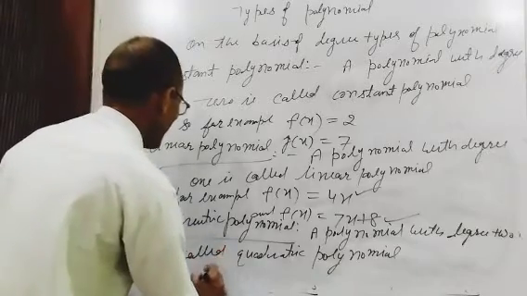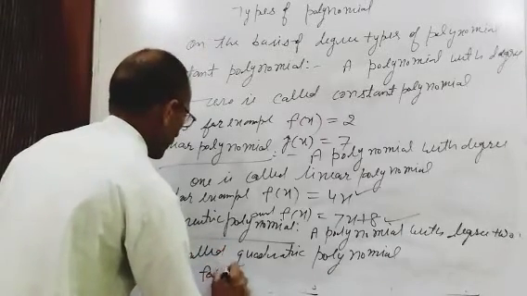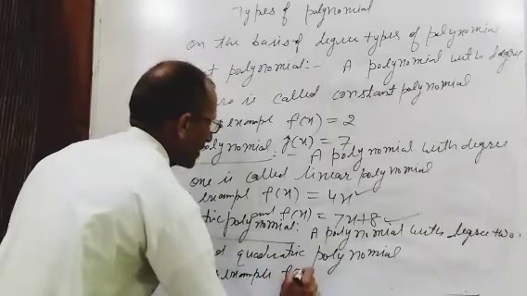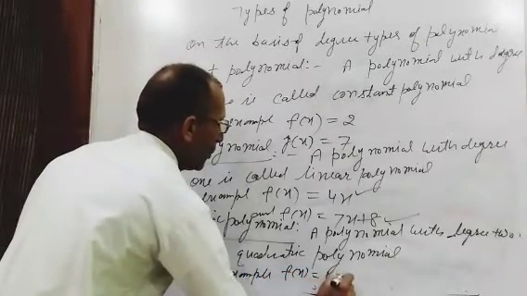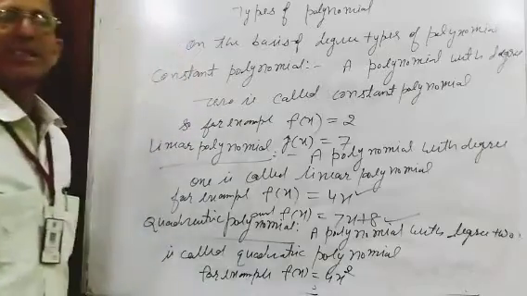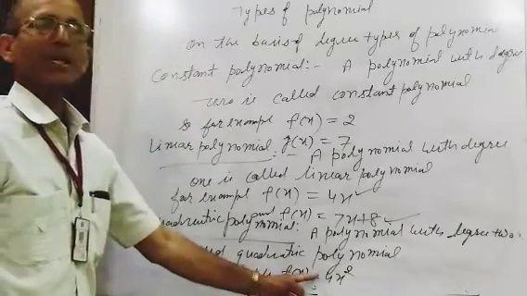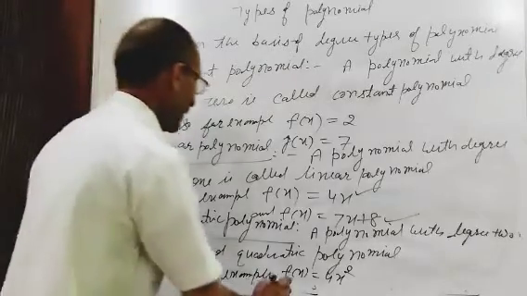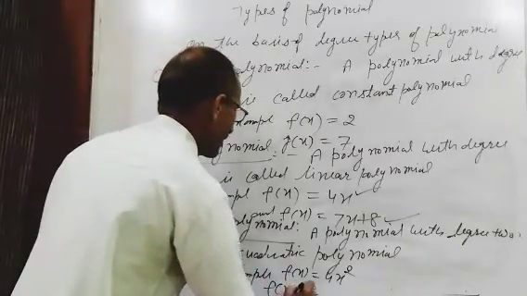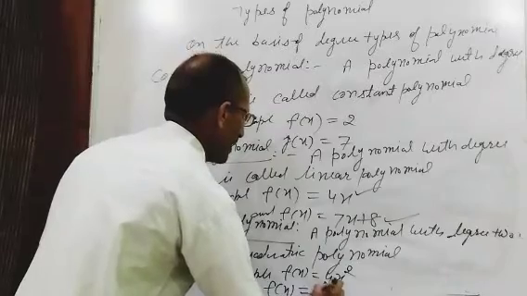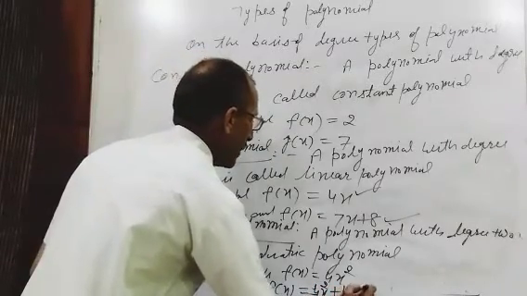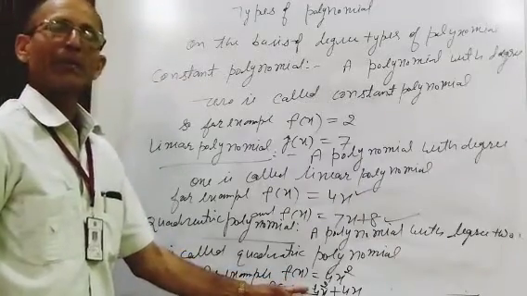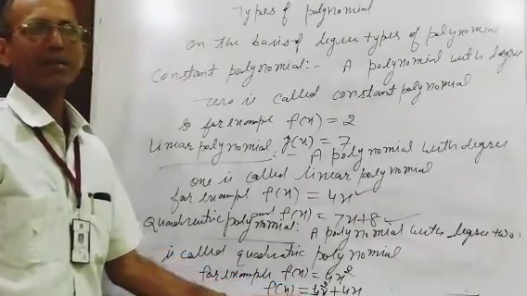For example, f(x) is equal to 4x square. This is a quadratic polynomial with one term. And f(x) is equal to 4x square plus 4x is a quadratic polynomial with two terms, which means binomial.